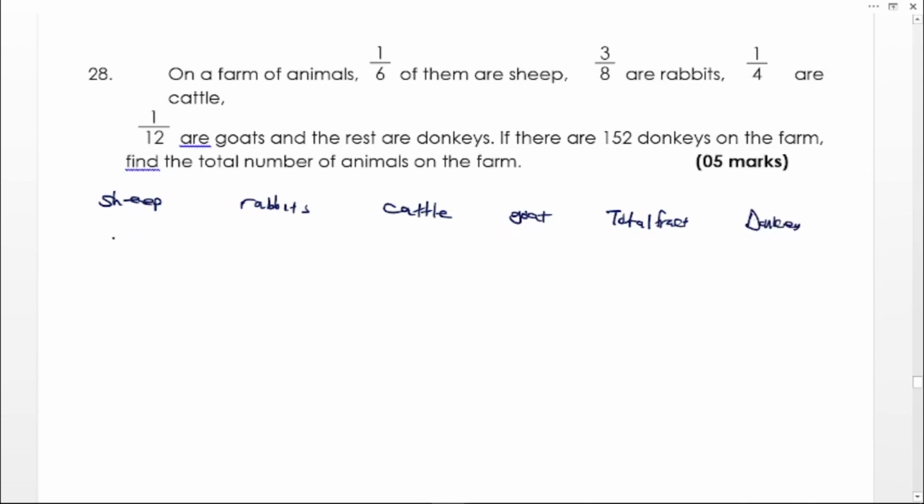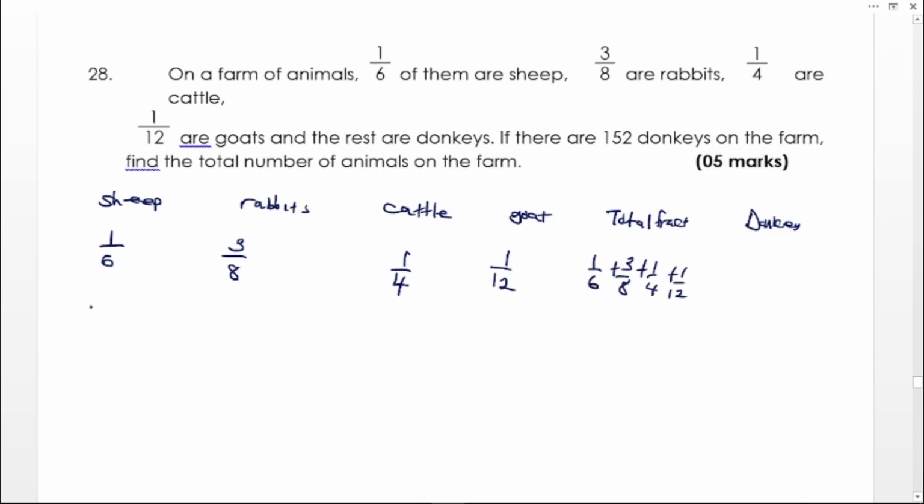Now, sheep take a sixth, rabbits take 3/8, cattle take a quarter, then goats take a 12th. Then what's the total fraction? So this is going to be a sixth plus 3/8 plus a quarter plus a 12th.